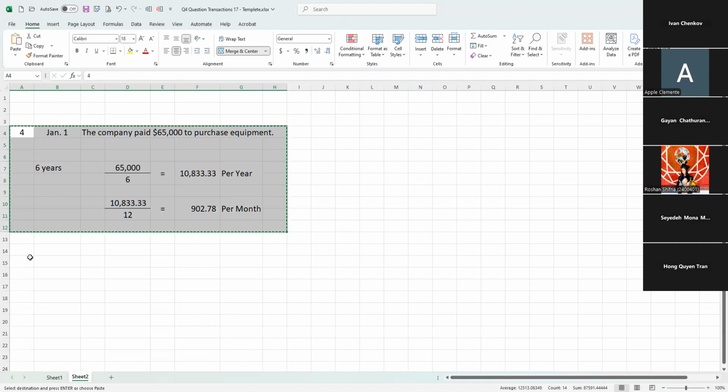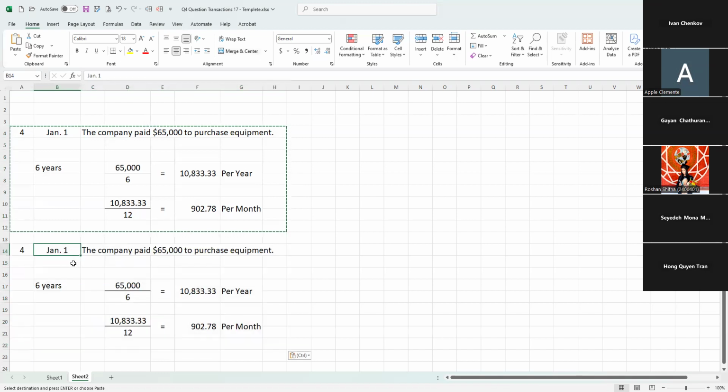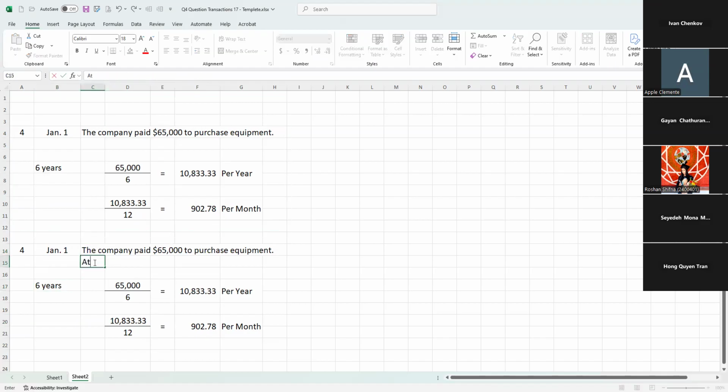But in the question on the slides, what they're saying is, I purchased this equipment for 65, I can use it for 6 years, and at the end of year 6, I can sell the asset, the equipment, and I can get $3,500.